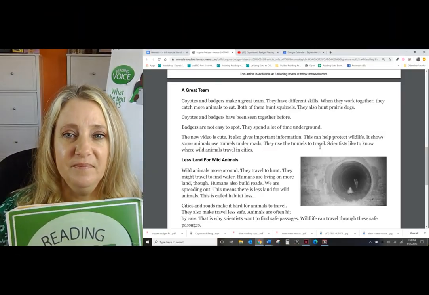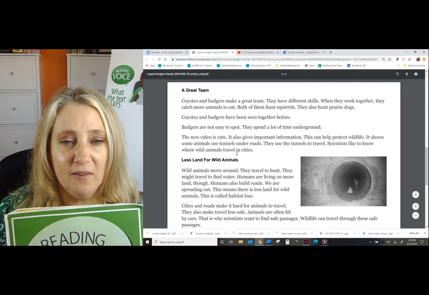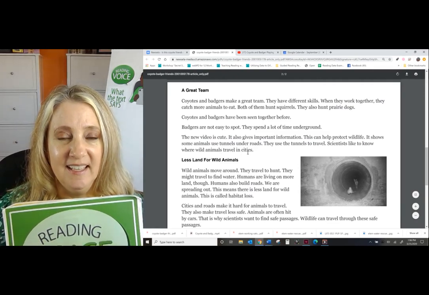So why would it be important for the coyote and the badger and other wildlife to use a tunnel under a road? What's your thinking voice saying? Let's continue to read to see if we can find out. Scientists like to know where wild animals travel in cities.